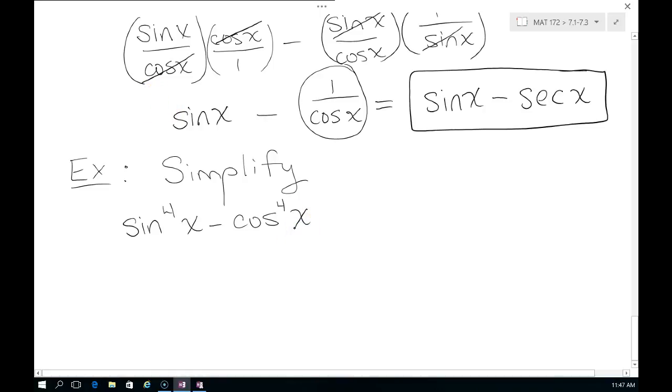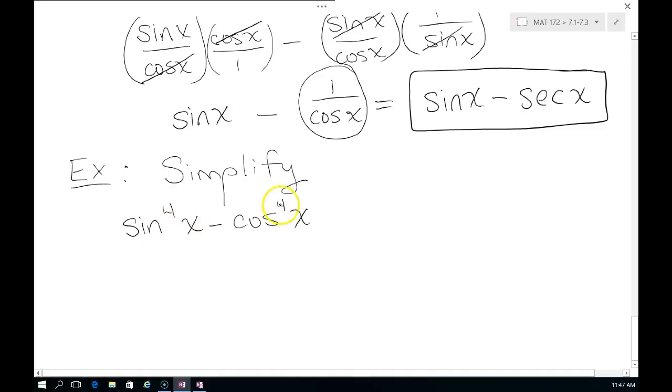We want to simplify that as much as possible: sine to the 4th x minus cosine to the 4th x. Well, the trig functions make it look a little bit more difficult than it needs to be. It's really just a factoring problem. It's a difference of squares.